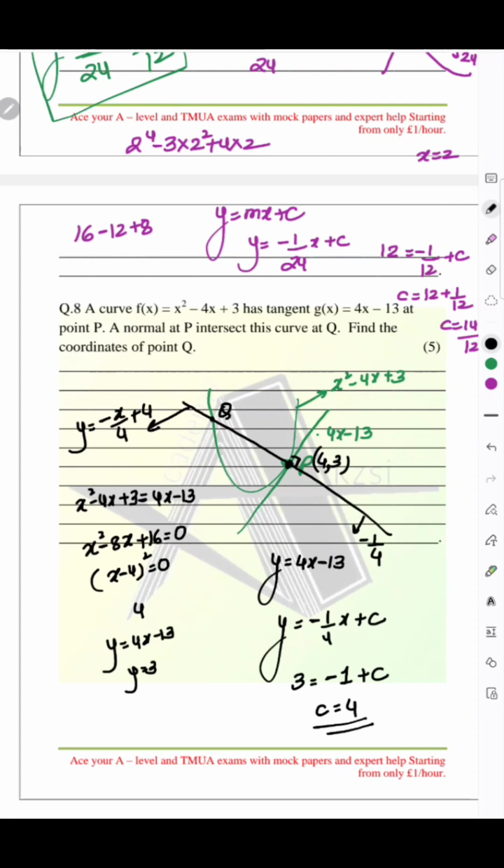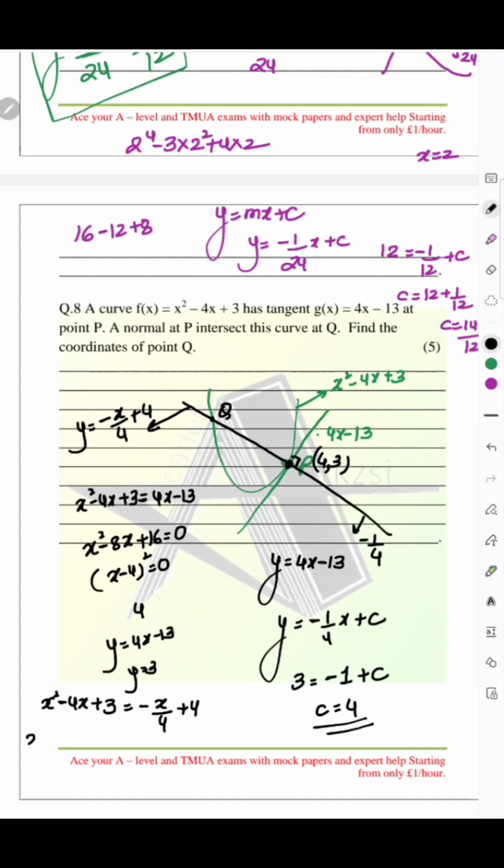Now we just need to find the intersecting points of this curve and this line. Again, we have to solve the simultaneous equation, so we equate x squared minus 4x plus 3 is equal to minus x over 4 plus 4.